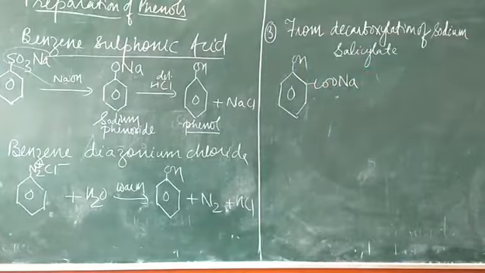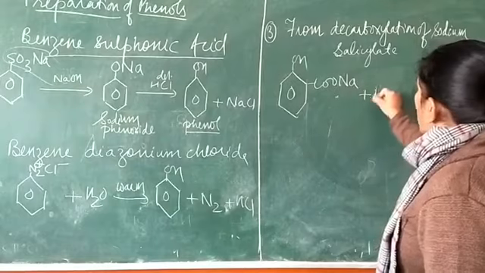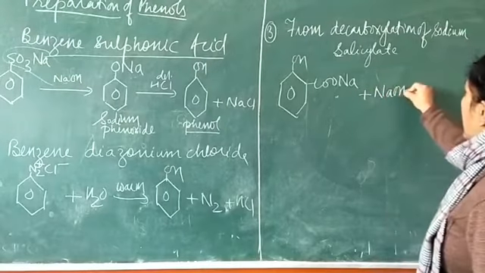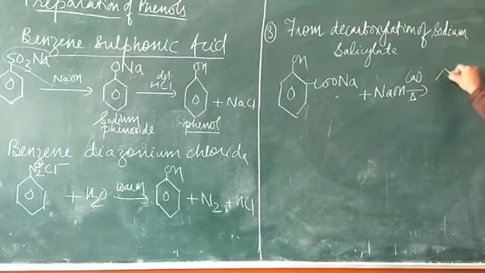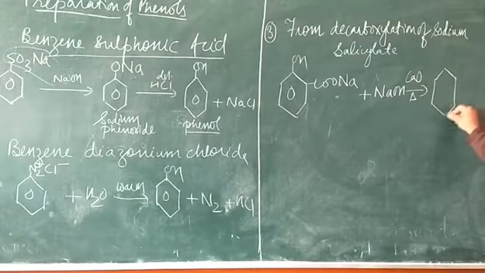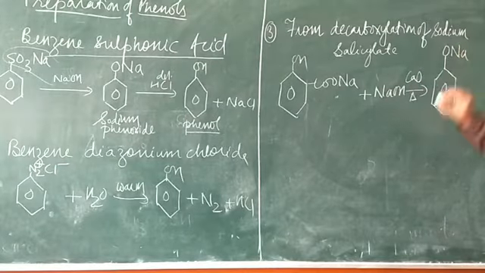So we will carry out, students, decarboxylation, right? So we have got this sodium salicylate with benzene ring. We have OH and COONa. We will get it decarboxylated by a mixture of soda lime, NaOH and calcium oxide. Heating this mixture, soda lime, 3:1 part of NaOH and calcium oxide, we will obtain here sodium phenoxide.